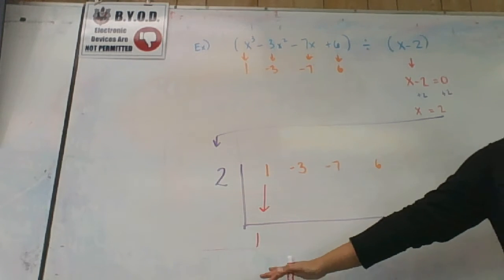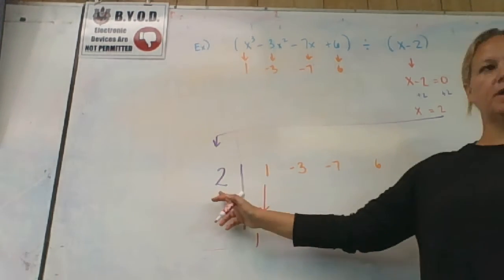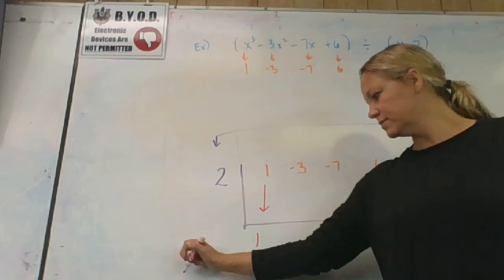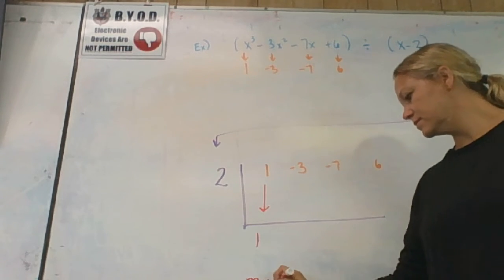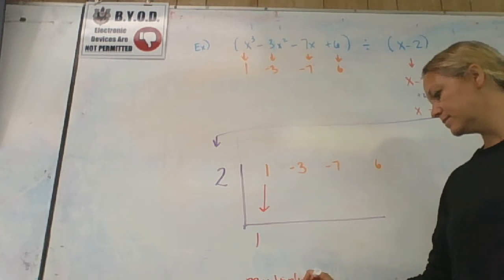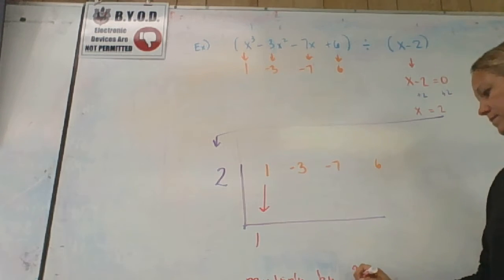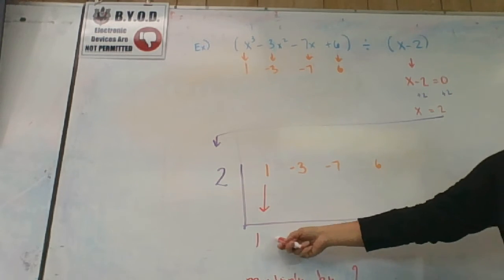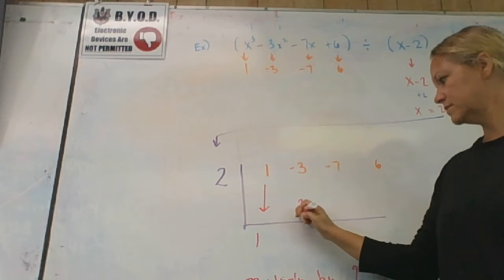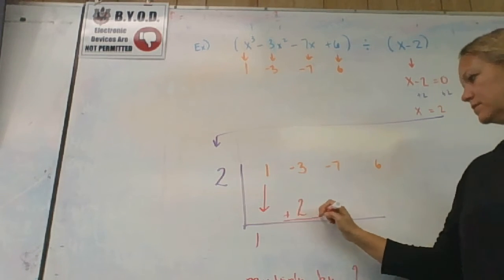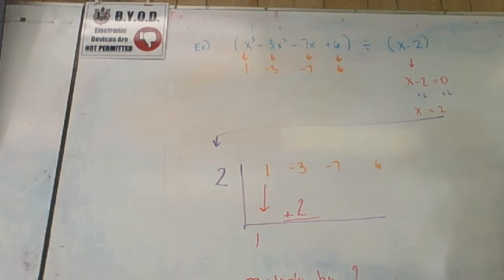Everything that ends up down here, I'm going to multiply by that too. So 1 times 2 is 2. And then you add, which is weird because in long division we subtract.